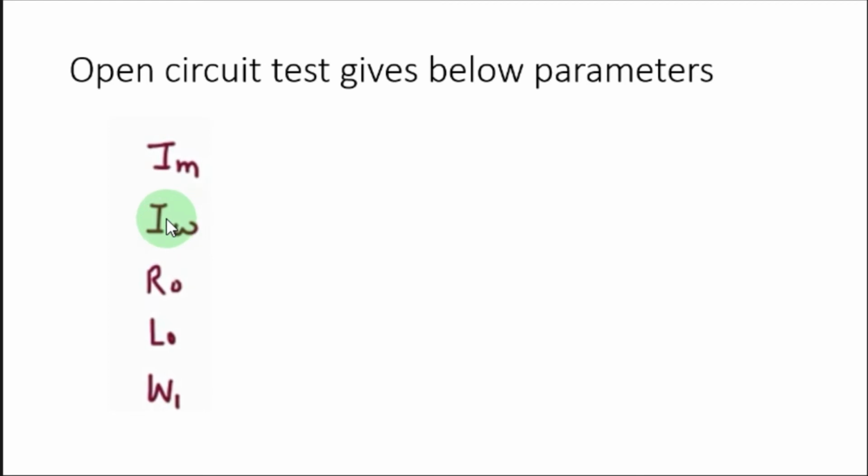It is the current drawn by the core losses, that is eddy current loss and hysteresis loss. So I naught is divided into Im and Iw. You can find these two, and from these you can find R naught and L naught, and also the iron loss, that is Wi.